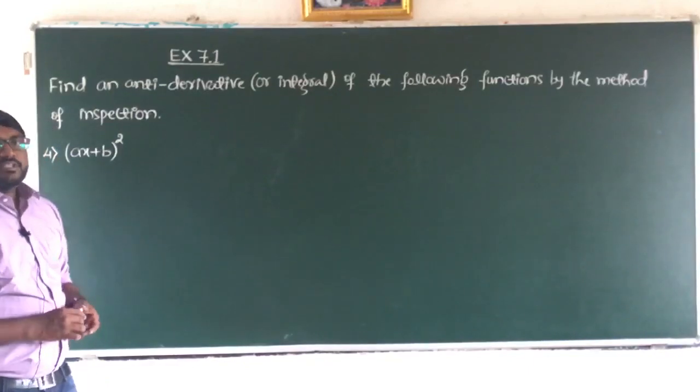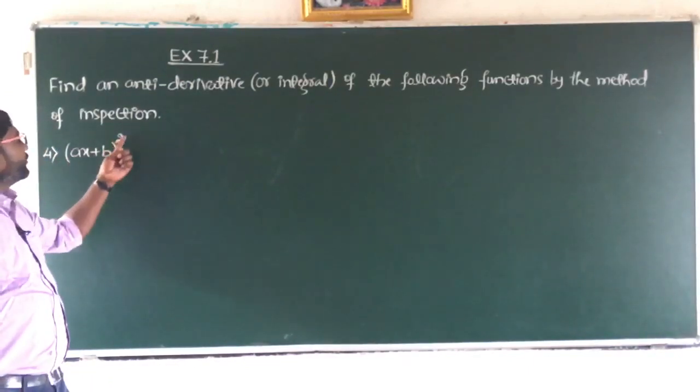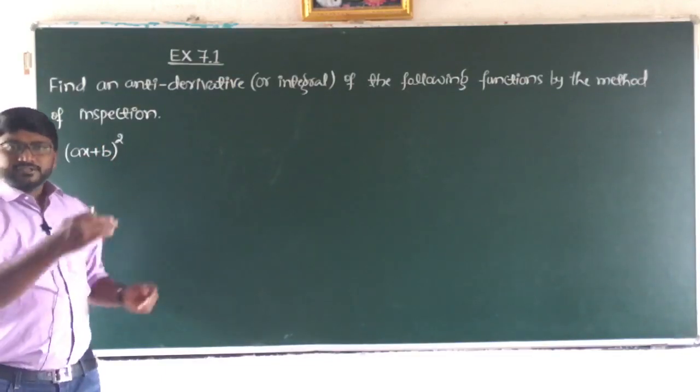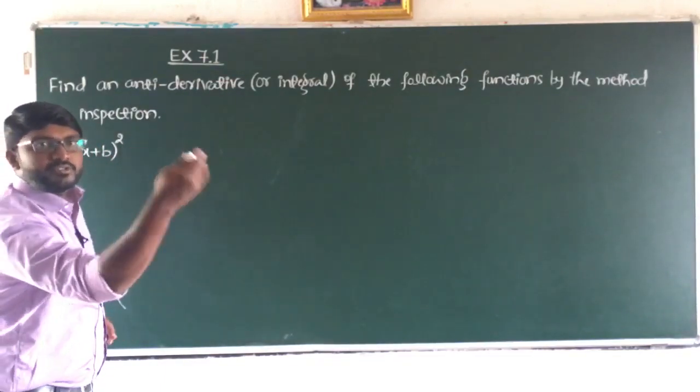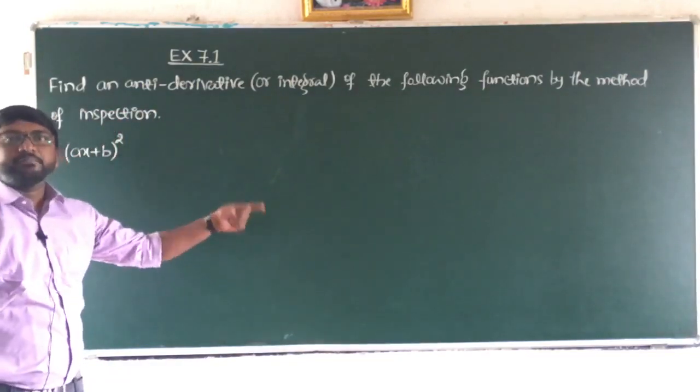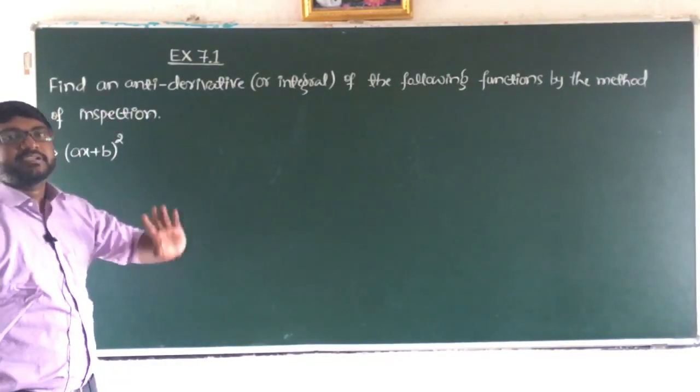Well, the fourth question is ax plus b the whole square. We have to find the antiderivative of this particular function. There is some function whose derivative is ax plus b the whole square. We have to find that function by the inspection method.